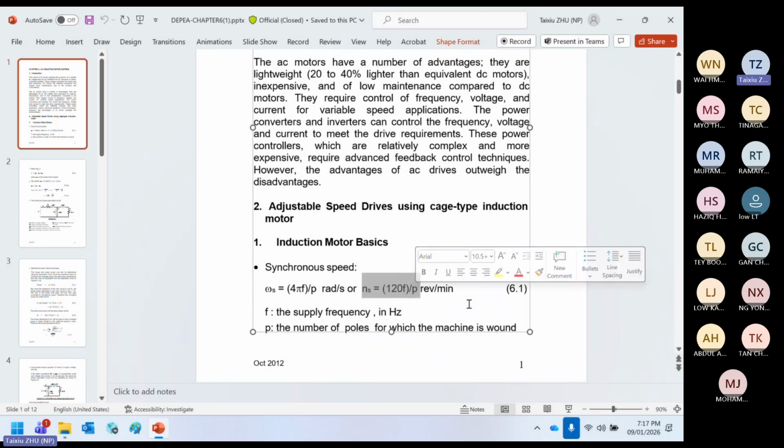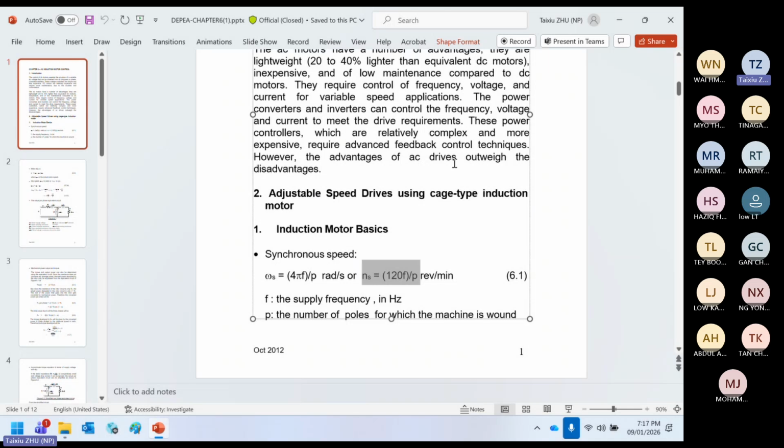Remember, as I said, the difference is very little, maybe 3% only, between the synchronous speed, which is the rotating magnetic field, and the motor speed, the speed that drives the tire. So this equation you need to know: 120F divided by P, where F is the frequency and P is the number of poles.